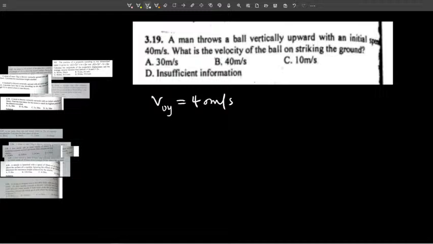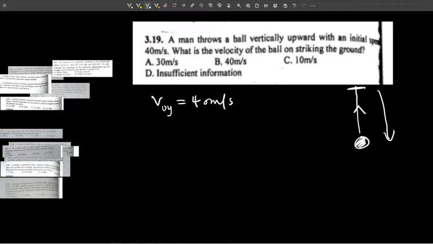It was thrown vertically upward, so the ball will first go up to a particular point before coming down again. Do you understand? So what do we need? We need to find the time taken for it to go up.